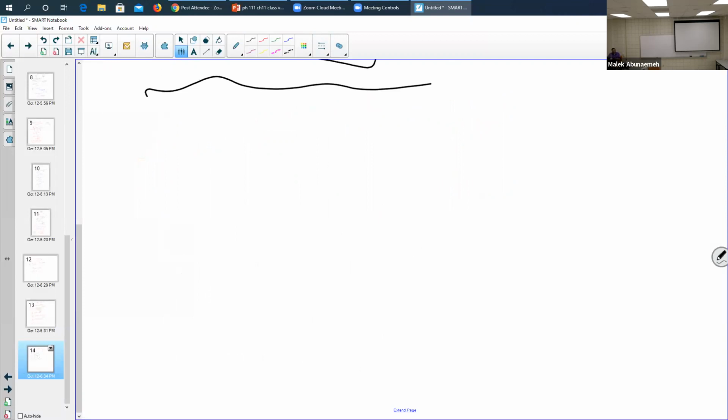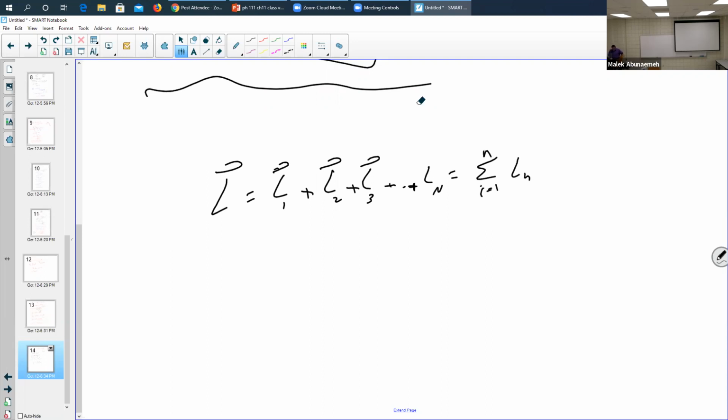So your angular momentum is going to equal your first angular momentum plus your second one plus your third one, plus whatever it is up to Ln. So it is your summation from i equals 1 to n of Li.